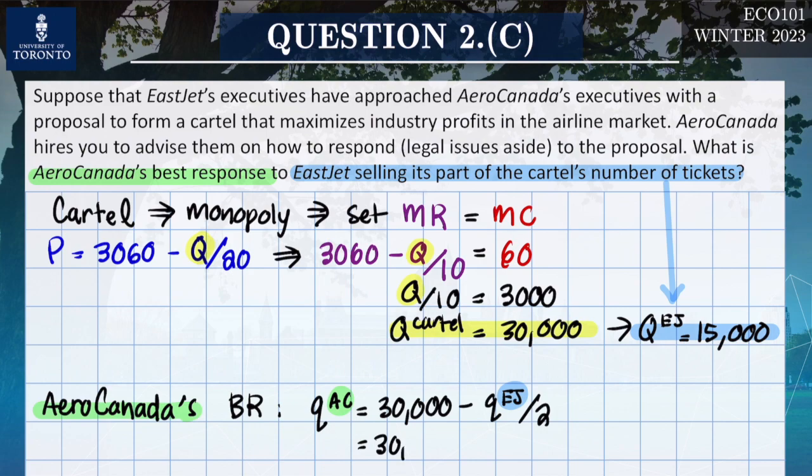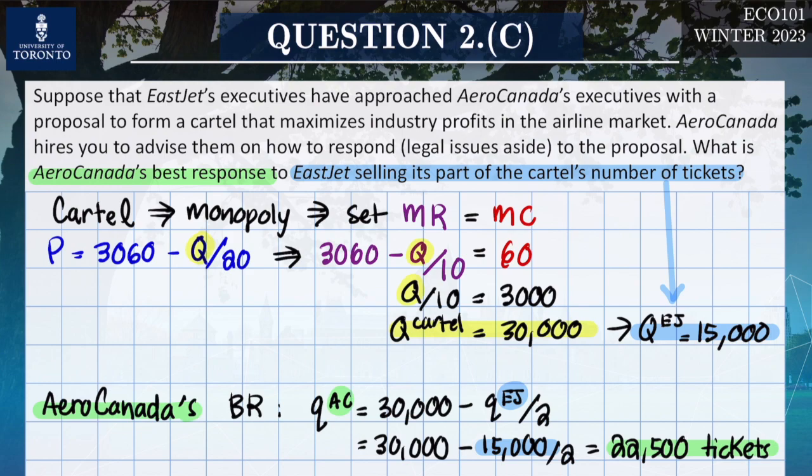So it is 30,000 minus the number of tickets that EastJet sells, which is the cartel's number of tickets divided by 2, divided by 2. And we get that the best response from Aero Canada is to actually produce 22,500 tickets instead.